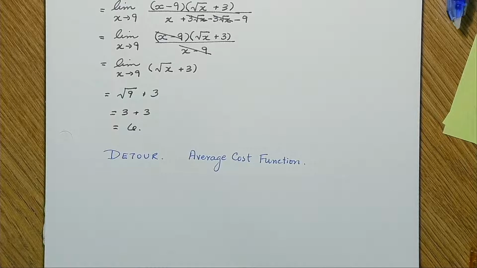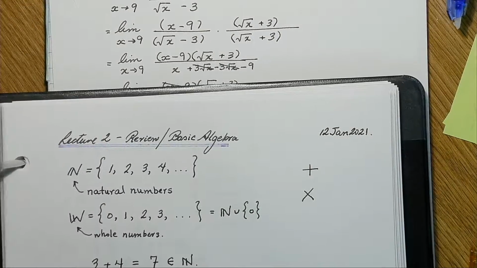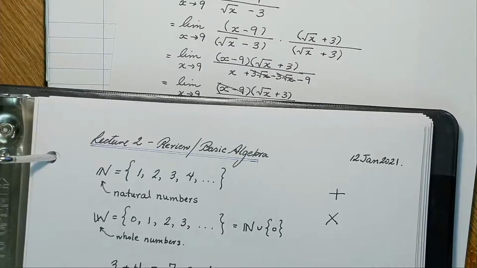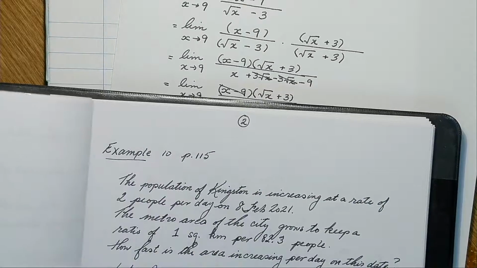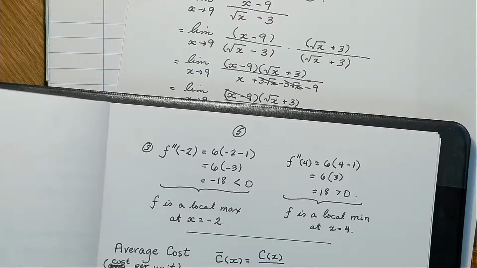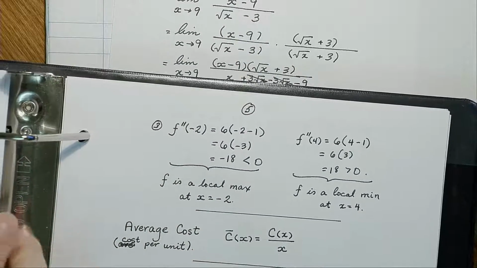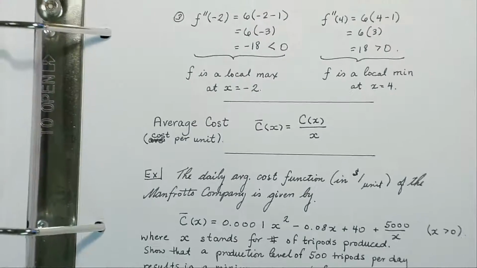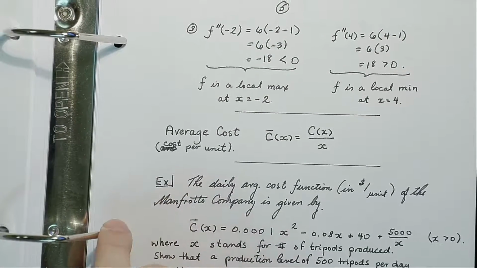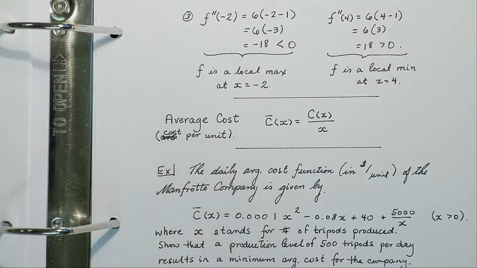So we'll pull out the big binder of notes. There we go. So we had talked about average cost functions before. So this is what we had covered in class.